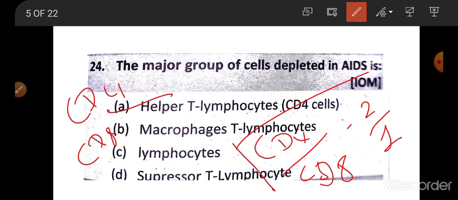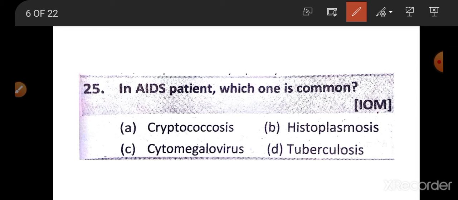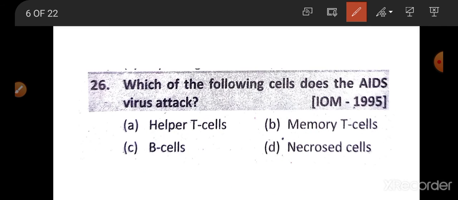However, in AIDS infected person, this changes to 1:2. 25. In AIDS patient, which one is common? Tuberculosis is common. The major cause of death in AIDS patient is TB, caused by Mycobacterium avium.